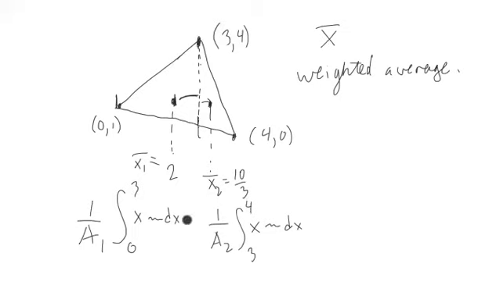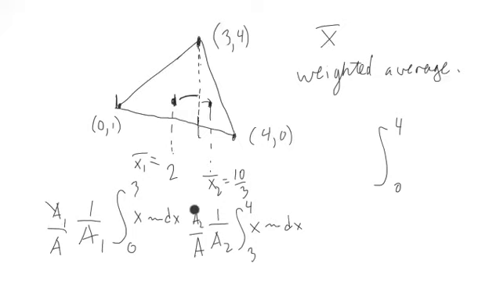Now, it'd be nice to have an integral, though, that goes all the way from 0 to 4, which we kind of do if we finagle this just slightly. So if we were to multiply this guy right here by A2 over the total area A, and this one by A1 over A, notice what happens.